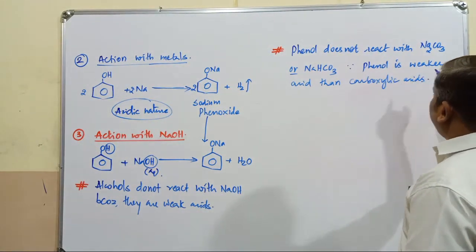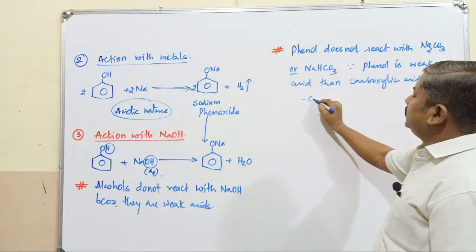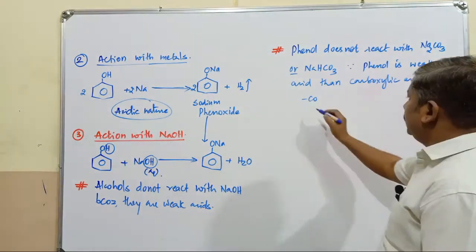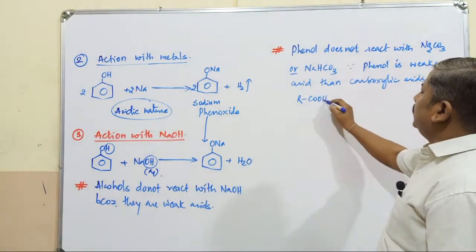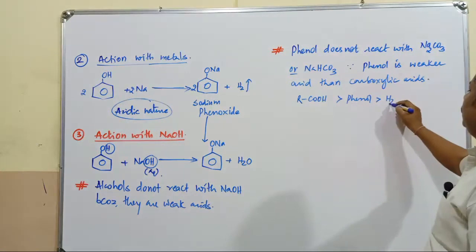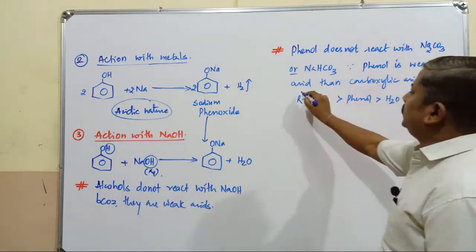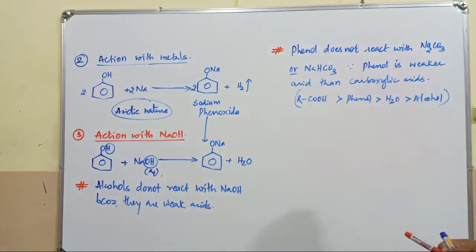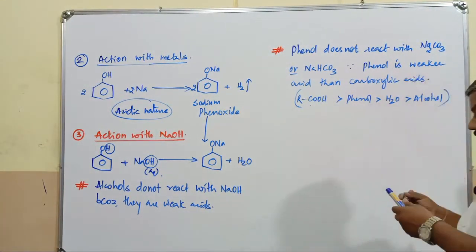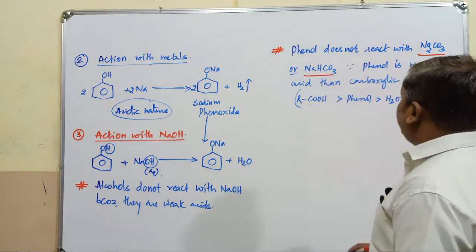Yesterday we discussed this point. Carboxylic acids are the strongest acids, RCOOH. Next comes phenol, then water, then alcohol. Because of that, they will not react with sodium carbonate and sodium bicarbonate.